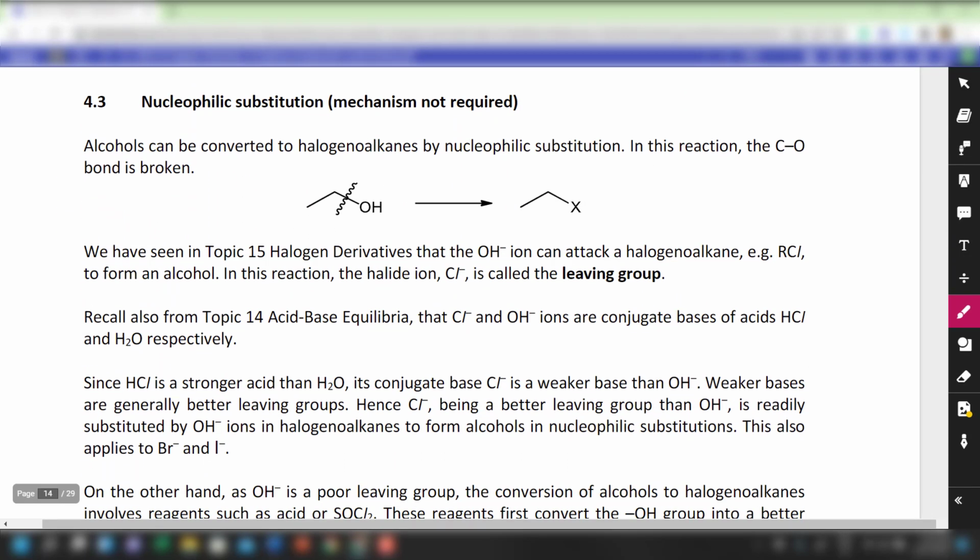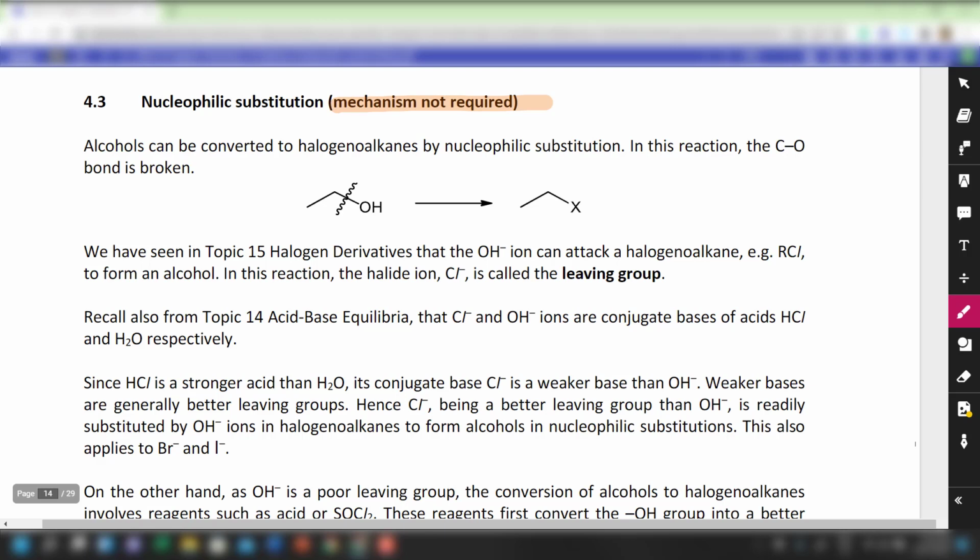For 4.3, this is not required in your syllabus. The mechanism, which is the nucleophilic substitution, is not required. But if I give you a very simple idea, why is replacing the OH group known as nucleophilic substitution?